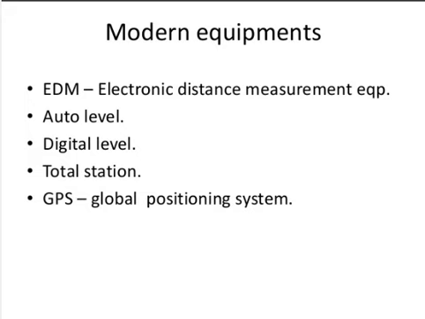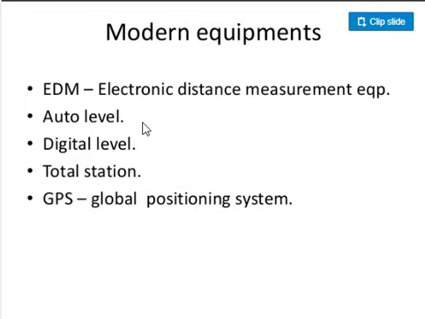In this video we are going to learn what these modern equipments are, how they are used, and the background of how they work. The topics we are going to discuss are what EDM is all about. EDM is something different to other engineering streams, and EDM related to our surveying is totally different.